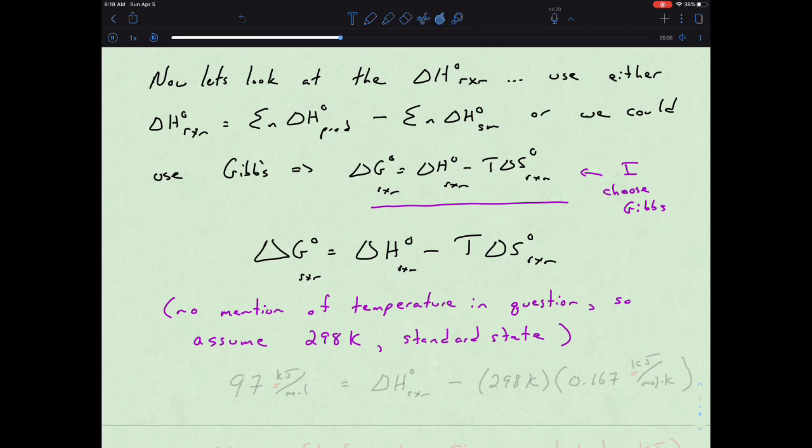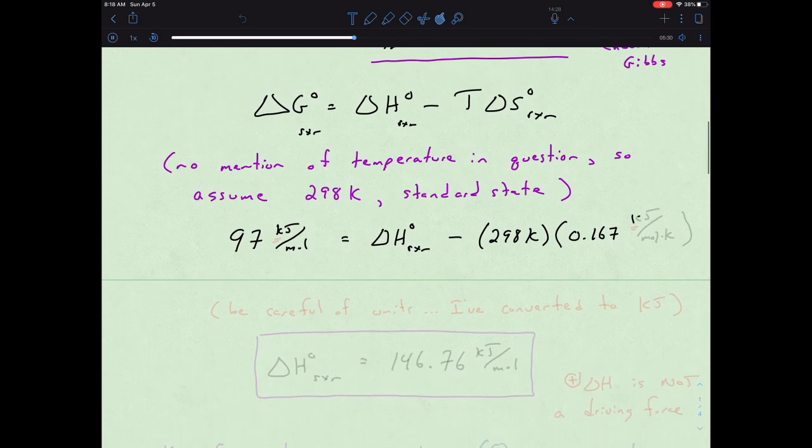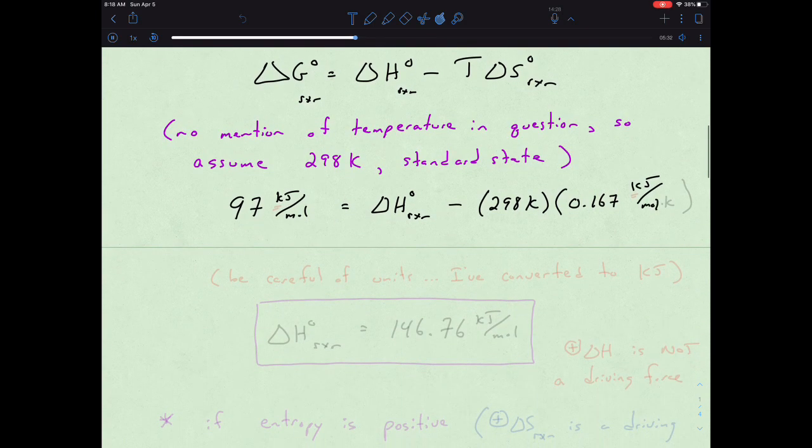So if we go to our delta G, that was 97 kilojoules per mole. That's equal to our enthalpy of reaction minus our temperature, which is the 298 Kelvin, times our entropy, which is 0.167 kilojoules per mole Kelvin.